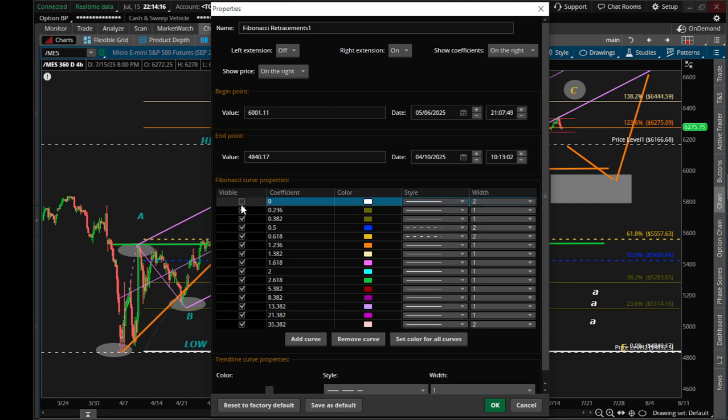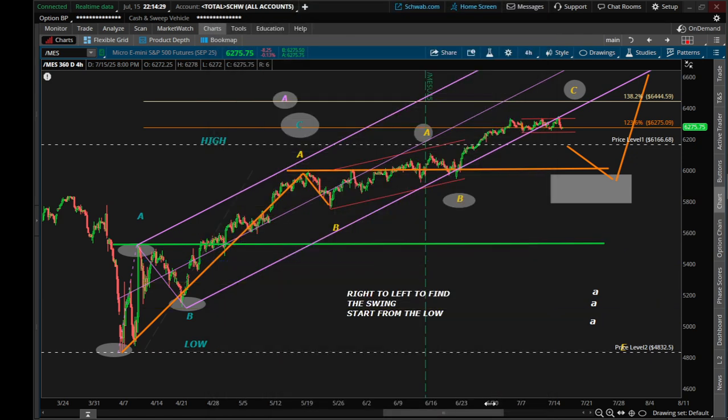I'll get rid of all the fibs except the 123.6 and the 138.2, and I will label those with an oval, indicating that those are for the alternate count. Like I said, this is all new wave theory counting, so I'm still kind of teaching myself how to label these things as we go too.